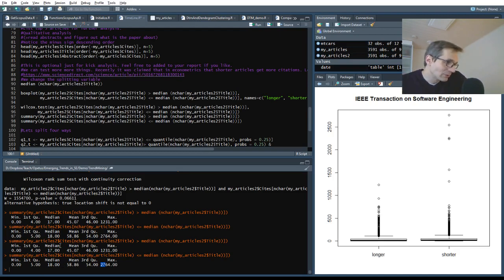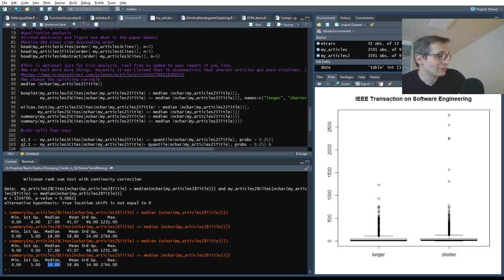For the longer titles we have 17 citations, and for the shorter papers we only have 18. So there seems to be some evidence for the claim made in the paper, but I would not consider this very strong evidence supporting the idea that shorter titles lead to more citations. There might be a small effect, but it seems to be quite small, at least in this dataset.